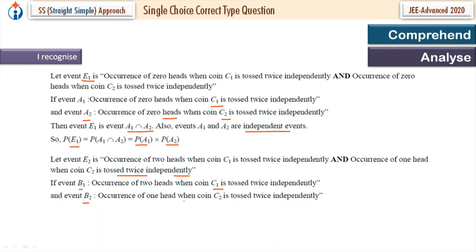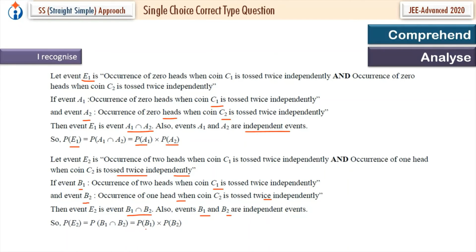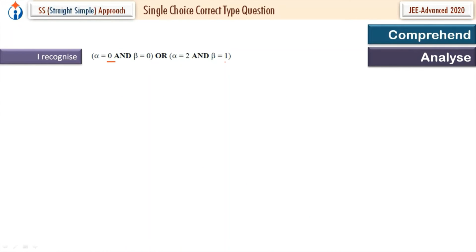Event B2, 1 head when C2 is tossed twice independently. Similarly, event E2 is event B1 intersection B2. B1 and B2 are independent events. So P of E2 is P of B1 into P of B2.